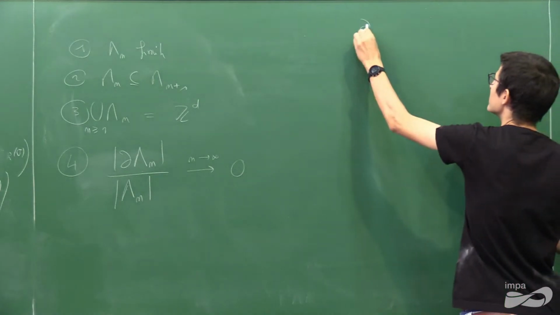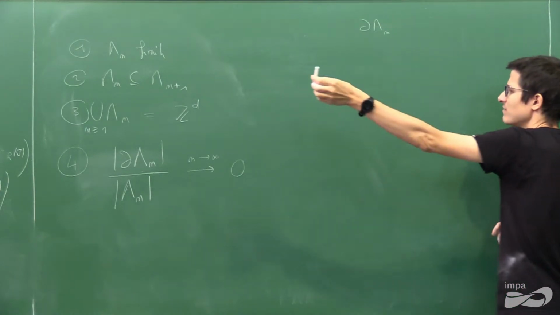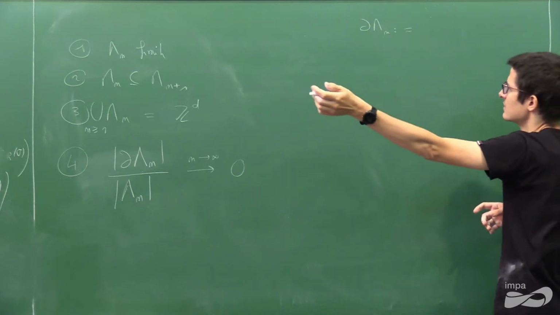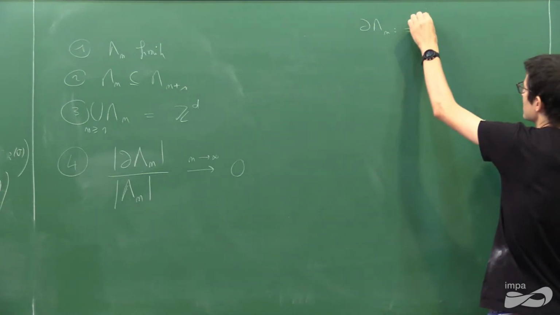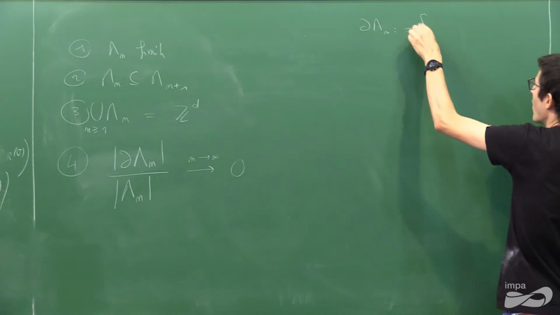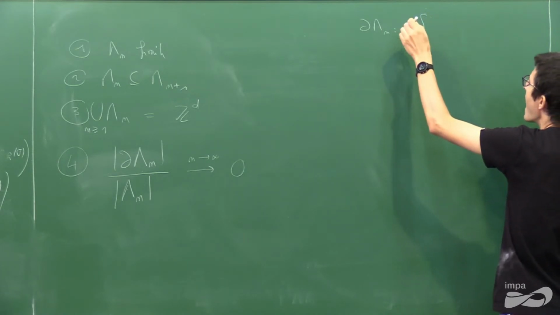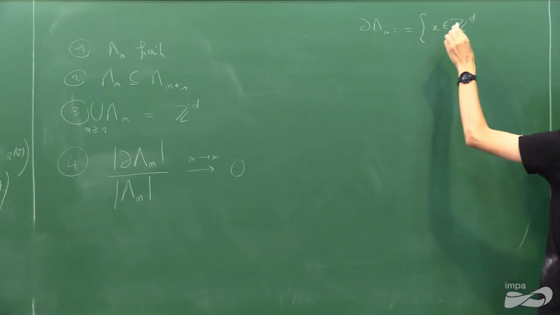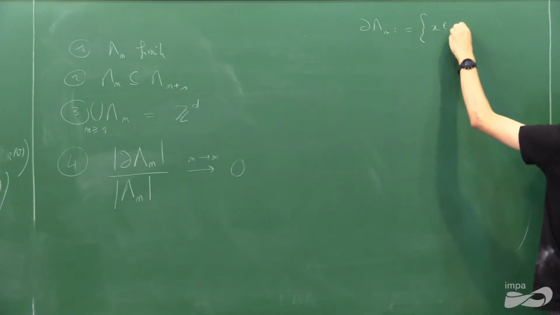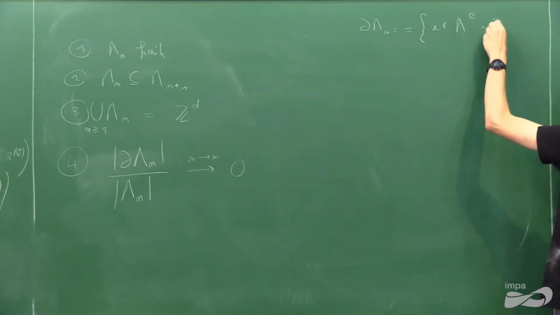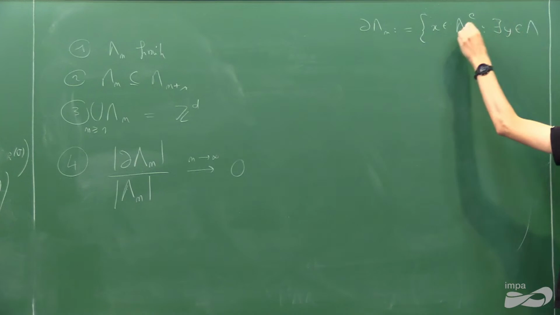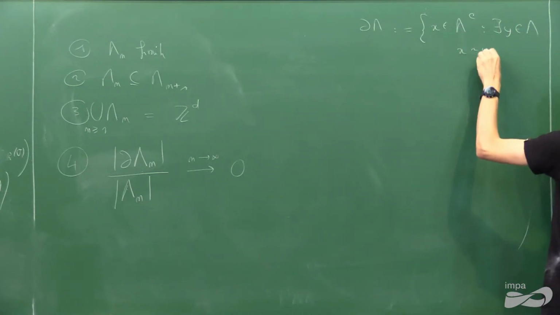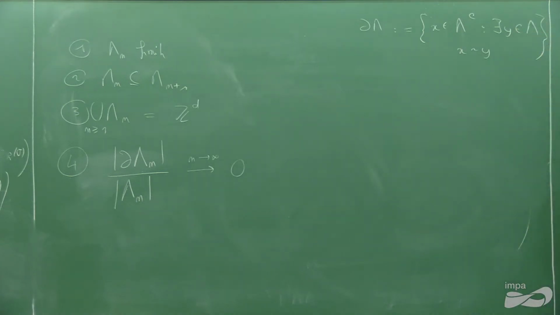Here it's not really important how I define the boundary, but let's say this is the external boundary. So this is the set of x's in Z^d, x in lambda complement, such that there exists y in lambda, x neighboring y.